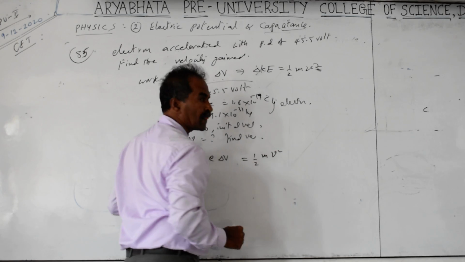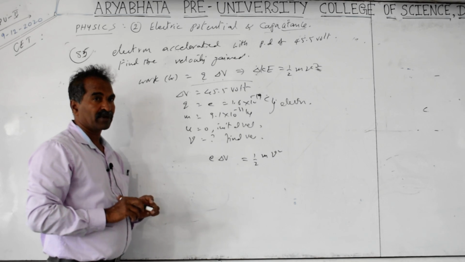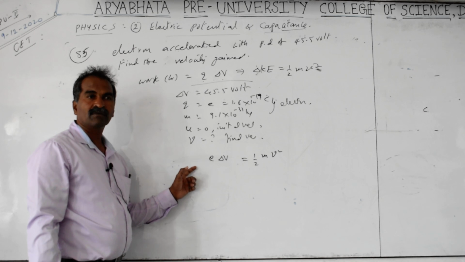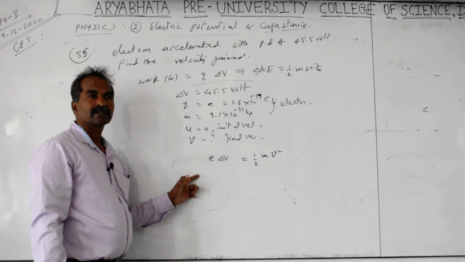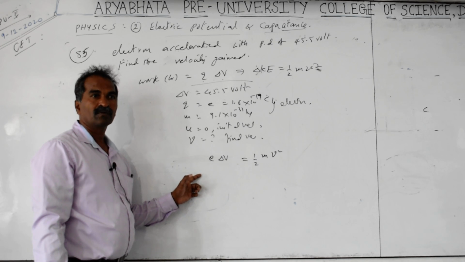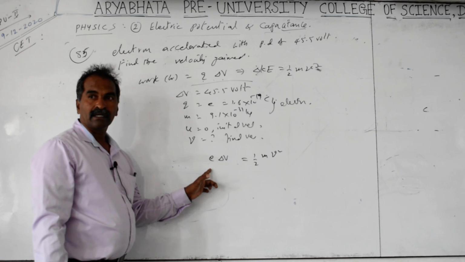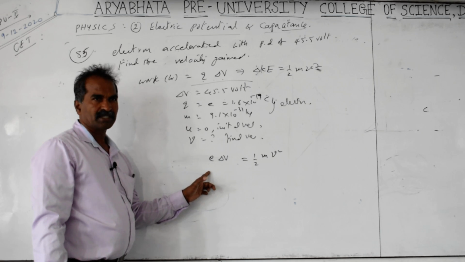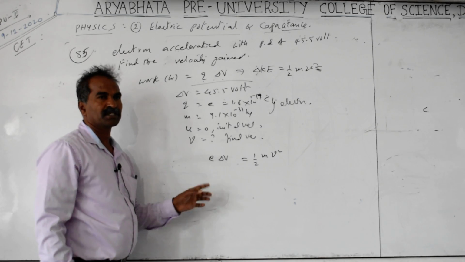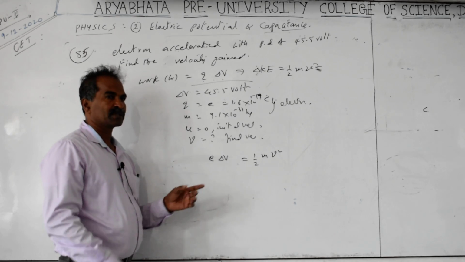And e by m, the specific charge, if you remember, it will be more simplified for us, no need to work that out. The specific charge of the electron is 1.76 into 10 to the power of 11 coulomb per kg. If you remember that value, e by m can be directly substituted. Gyromagnetic ratio we got as 10 to the power of 11 by 2, half of the specific charge.